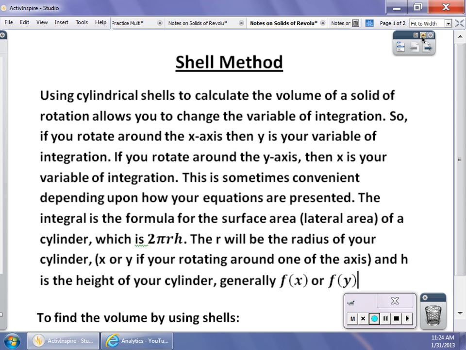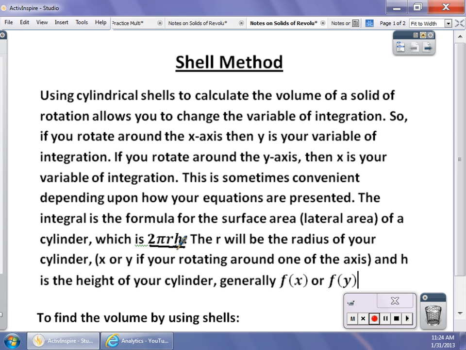So the lateral area of a cylinder is 2 pi RH. And oftentimes that R value is going to be your variable, either x or y, and the h value is going to be your f of x or your f of y, depending upon what you're doing.